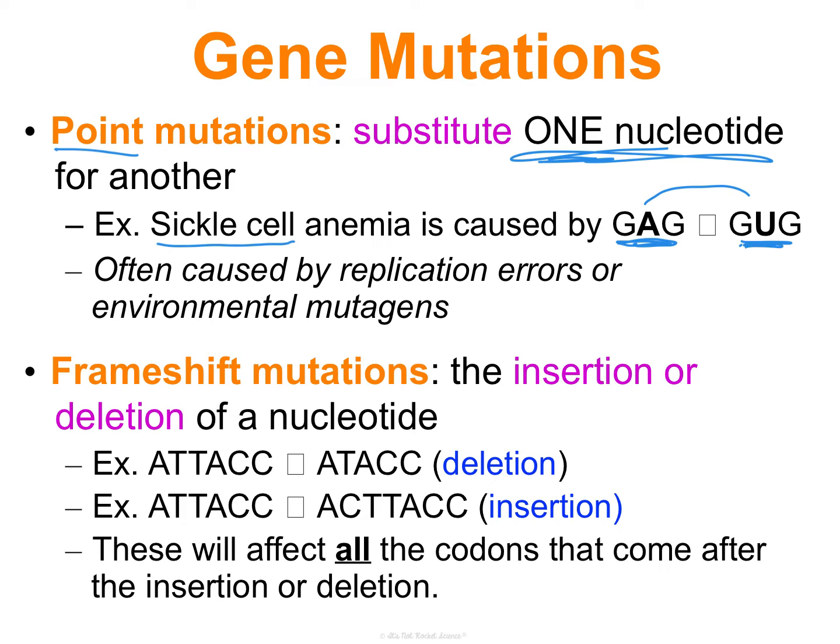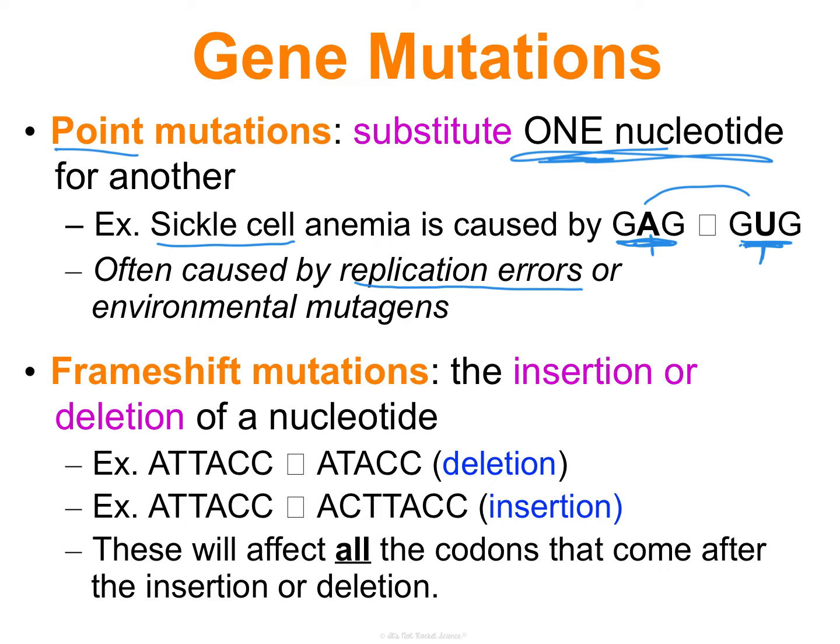That one point mutation, that one single letter, basically causes the red blood cell to completely change its shape, giving the person sickle cell anemia. And when this replication error occurs over and over again, it produces an illness.